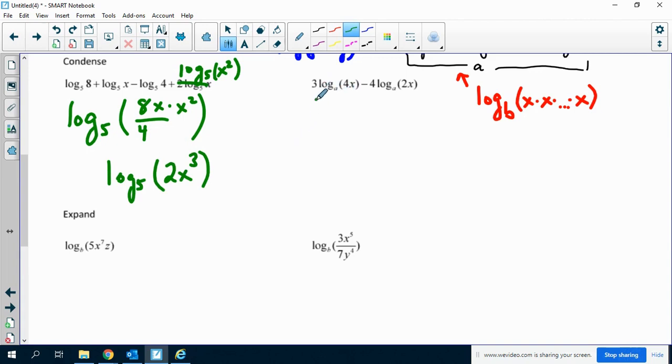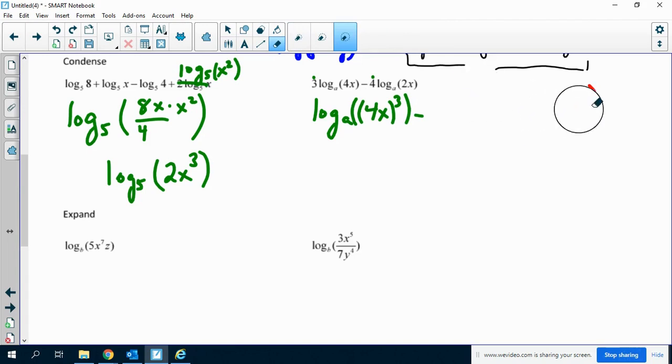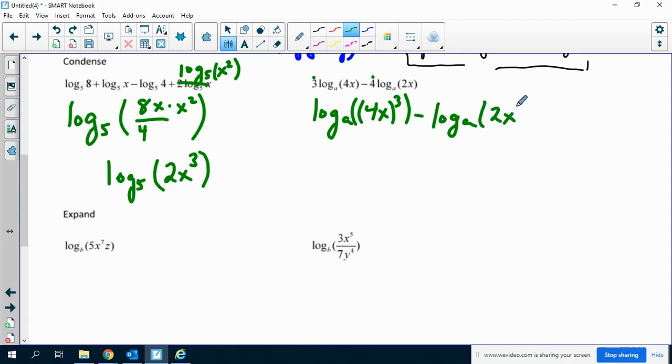Okay, now in this problem, log base a, I'm going to rewrite this with the 3 and the 4 back inside. So log base a of 4x to the 3rd minus log base a of 2x to the 4th.